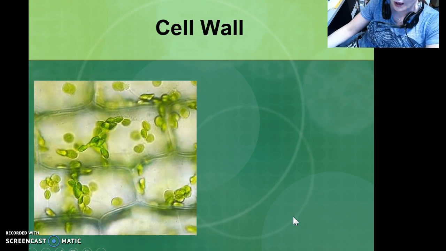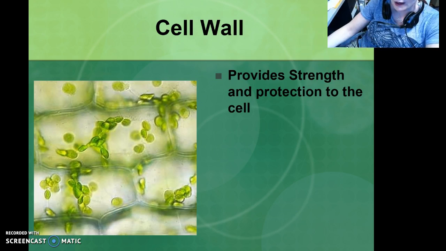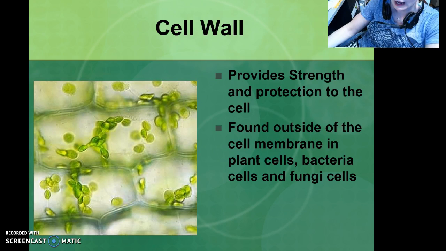And here we have a cell wall in a plant cell. It's made up of cellulose. In fungi cells, it's made up of chitin. In bacteria cells, it's made up of a kind of carbohydrate, but I don't know what that is. And it gives structure to the organism.